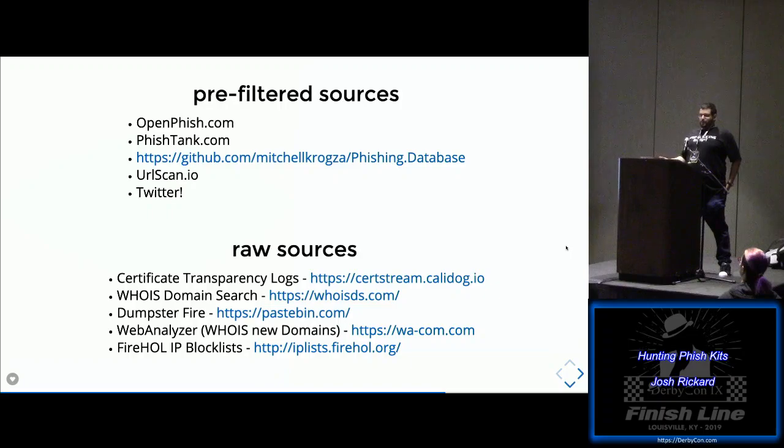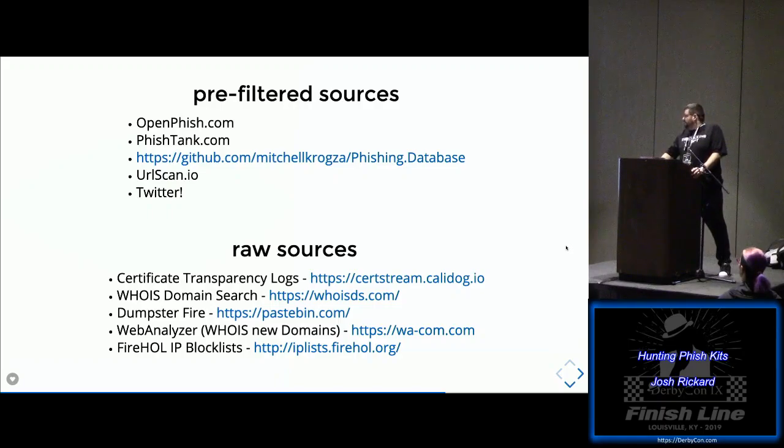But then, if your scope is more broad and you want the raw sources, the internet, certificate transparency logs are great. If anyone doesn't know what CTL is, well, let's talk.